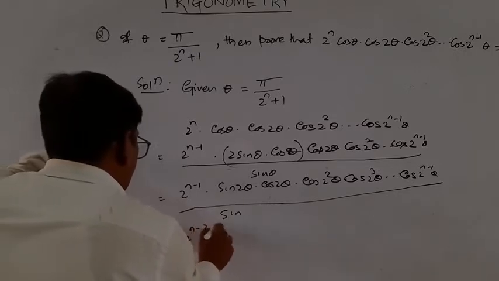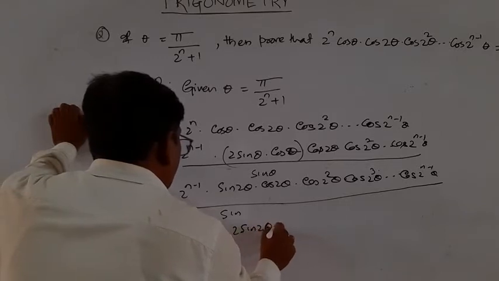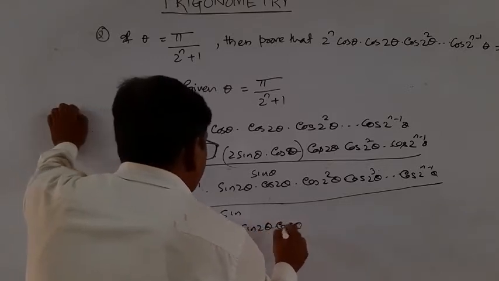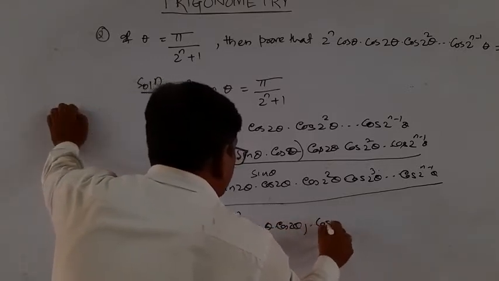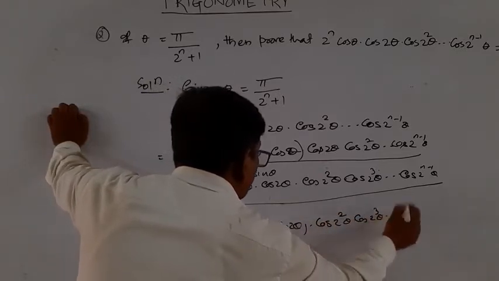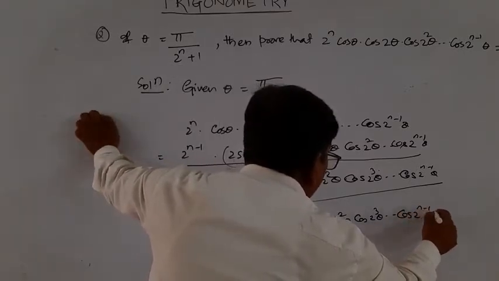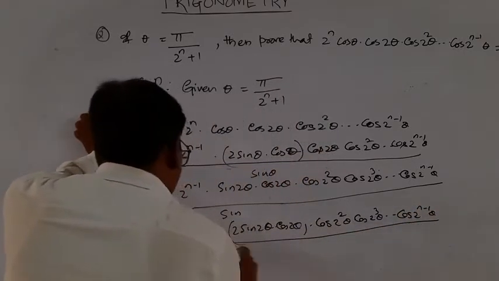Again, take common 2 here: 2n minus 2 into 2 sin 2 theta into cos 2 theta, cos 2 square theta, cos 2 cube theta, and so on up to cos 2n minus 1 theta by sin theta.